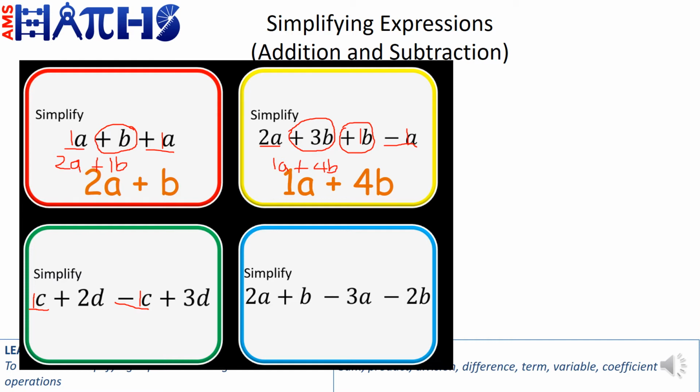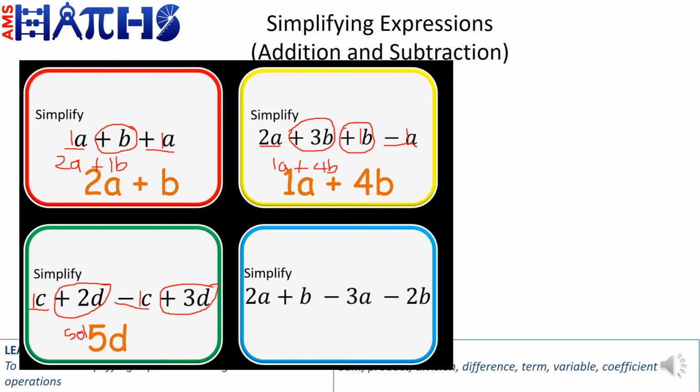Then we move on to the D's, and we have a positive 2D, so plus 2D, and then we also have a positive 3D, which is plus 3D. So 2D's plus 3D's will give us 5D's. And that's our answer for the green box.